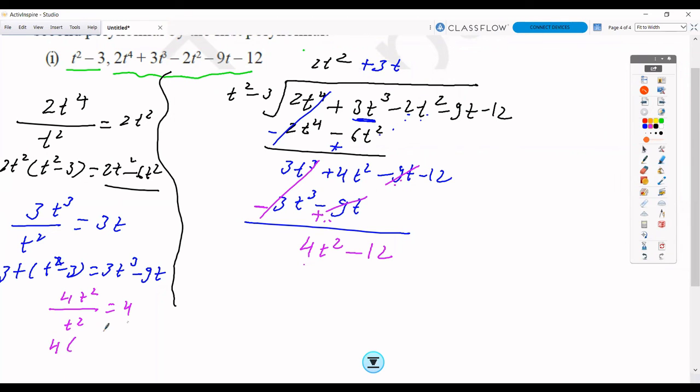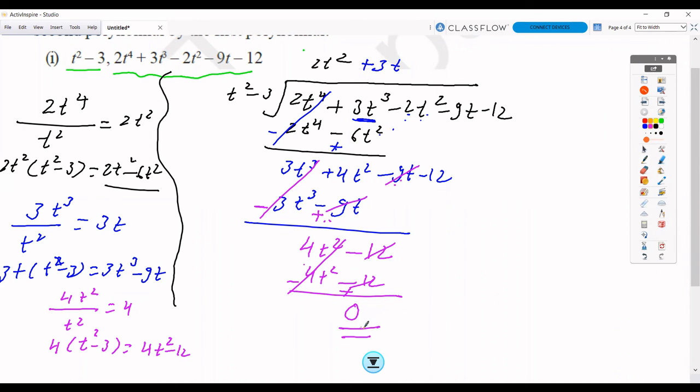So 4 multiplied by t square minus 3 gives 4t square minus 12. We keep it here and change the sign. This is going to cancel out, because minus 12 plus 12, the remainder is 0.